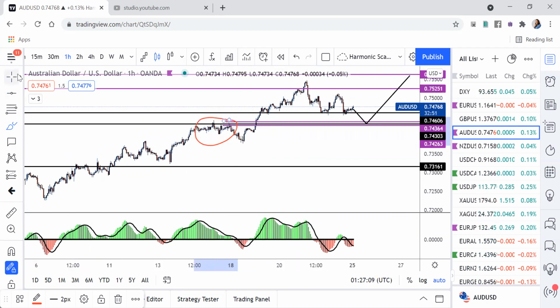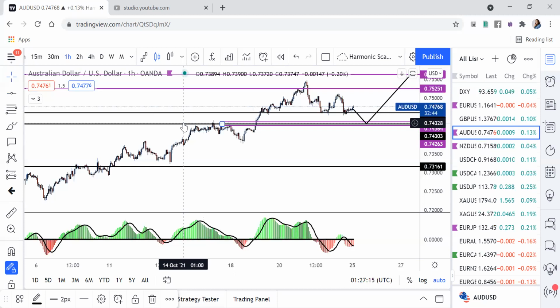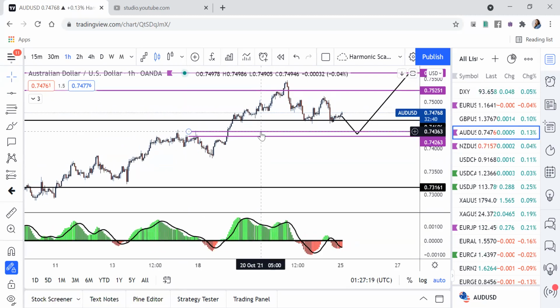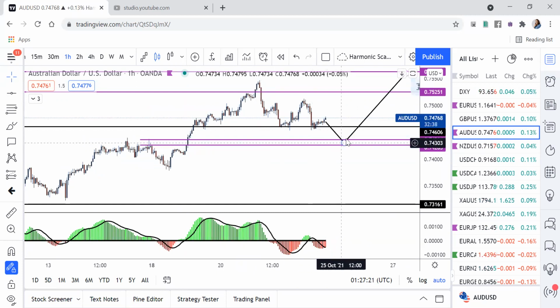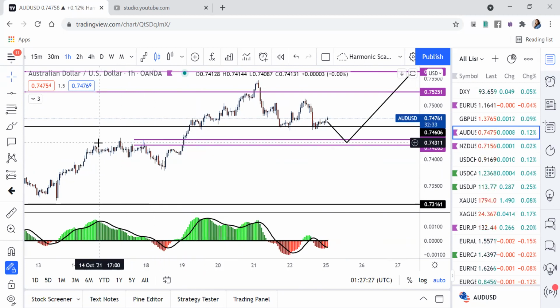Right? So what I'm looking at is for price to come back into this zone. Just gonna move this line so that you guys understand now. Looking for price to come into this zone and then look to buy. On top of that break, price also gave me an imbalanced candle right here.